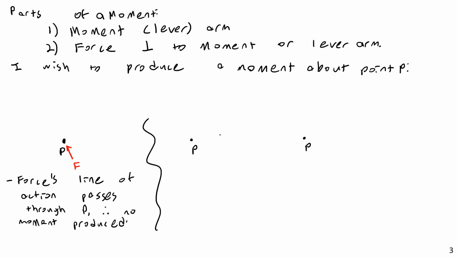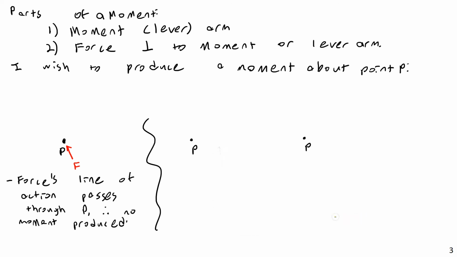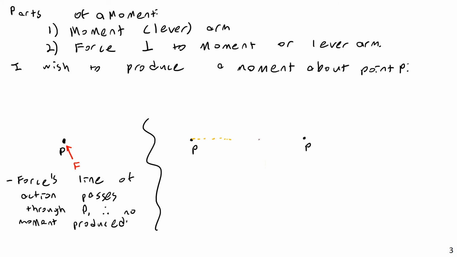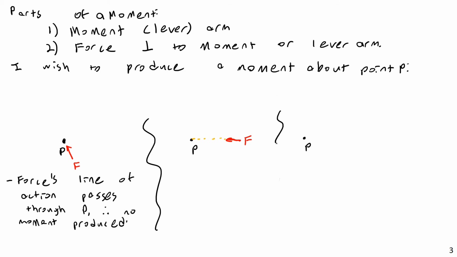Okay, so let's say I have something else. Let's say I did have a lever arm, or at least I thought I did. So I have some lever arm, and then I apply a force F here. I have some distance, but it's not really a true lever arm though. Really this is just another case of the first condition. There's no component of this force that is perpendicular to the lever arm.